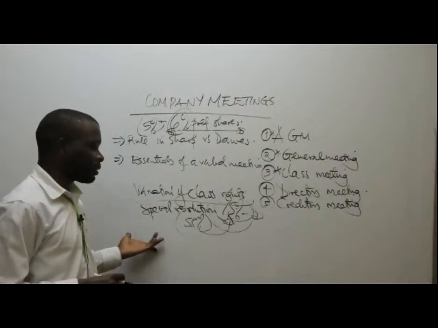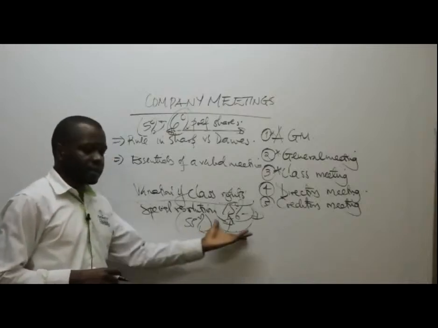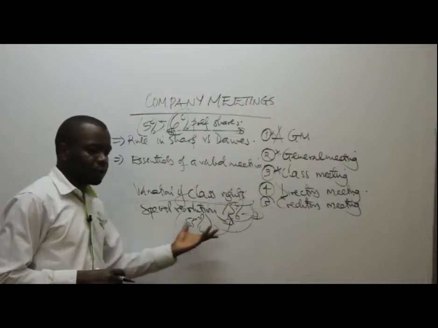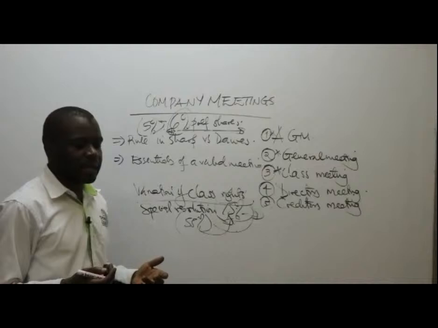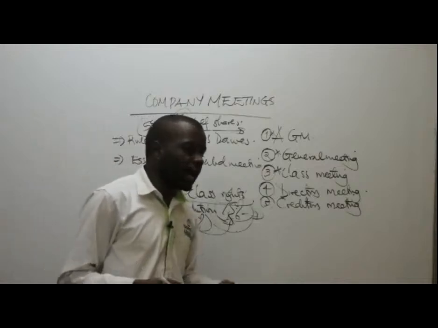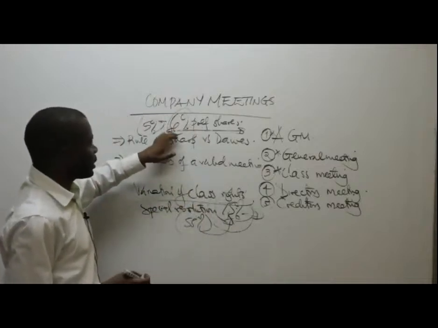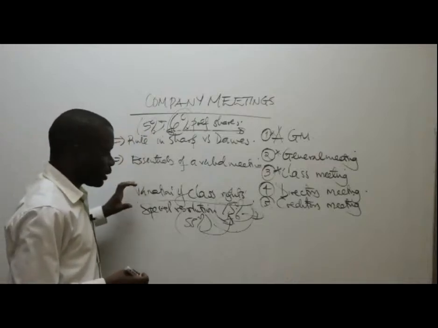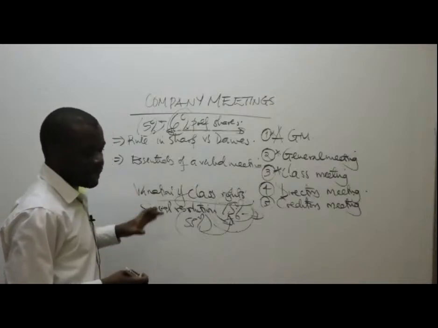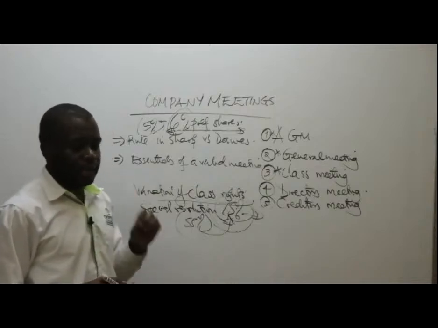But if it is approved by 75%, by a special resolution, that will be quite okay, and the company can proceed and vary the dividends from 6% to 5%. So that is what will happen in case a variation is to happen. The members of that class of shares will convene a class meeting.